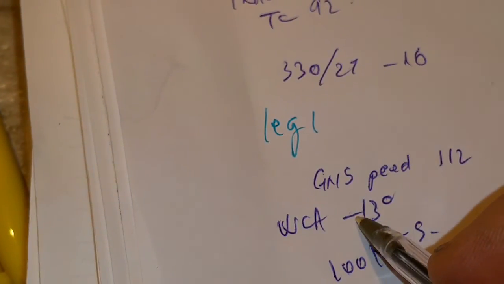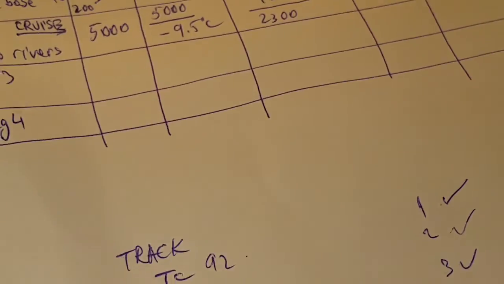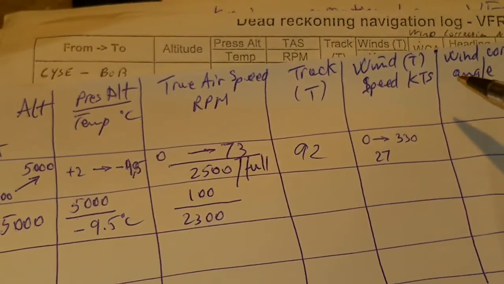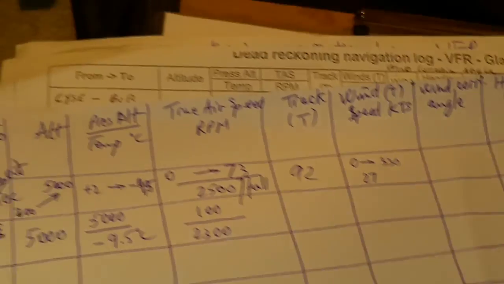So the wind correction angle is minus 13 degrees. That's used when we calculate the heading, so we know how to set our aircraft nose.